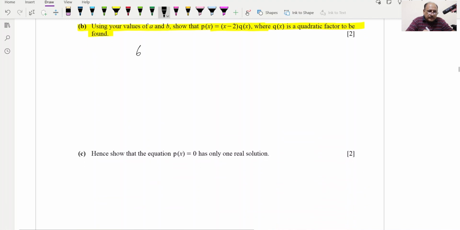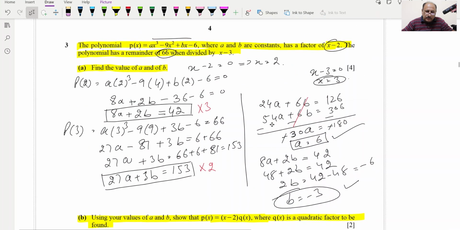So we'll write 6x cubed minus 9x squared minus 3x minus 6. So this will be basically our equation, the same equation in which we have replaced the a and b values.